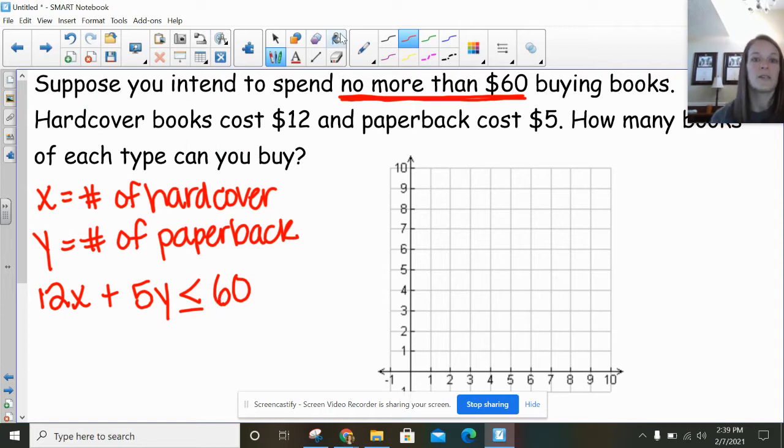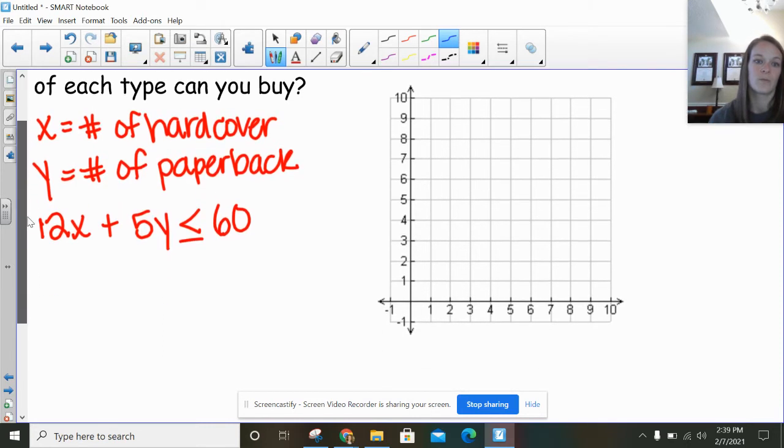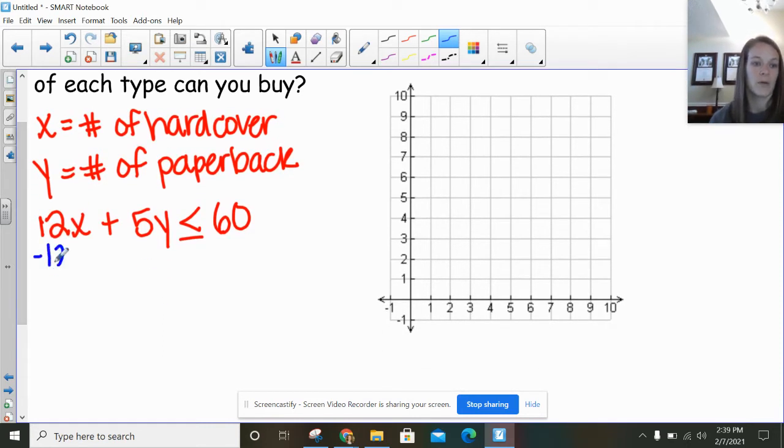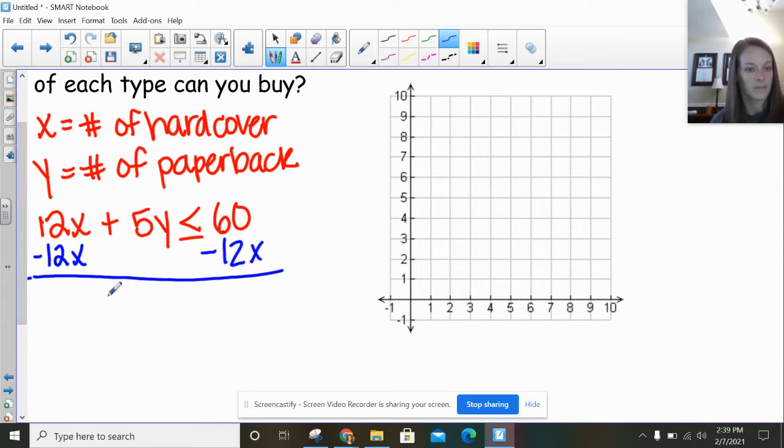All right, so just like in the others, you want to put it in slope-intercept form first. Okay, so I'm going to subtract 12X. And that'll give me 5Y less than or equal to negative 12X plus 60.